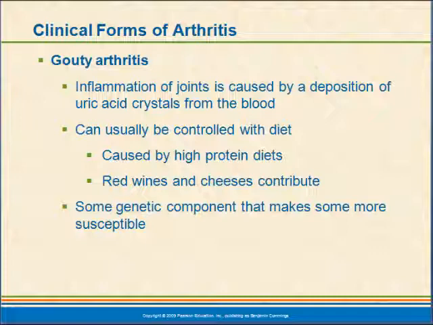So basically, you take out everything that makes life worth living. There may be some genetic component that makes people more susceptible, as in the ability to process this uric acid. Well, men have a higher tendency to get this, both because we tend to eat a higher meat content in our diet and because this genetic characteristic seems to be more prominent in men.